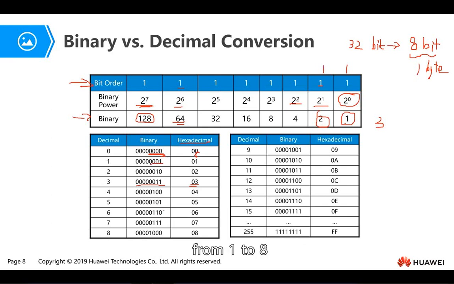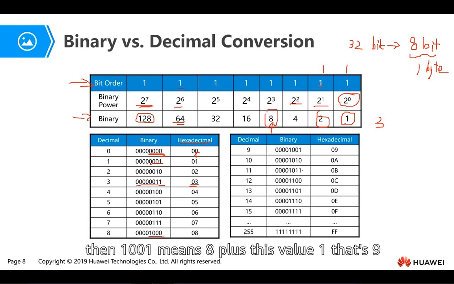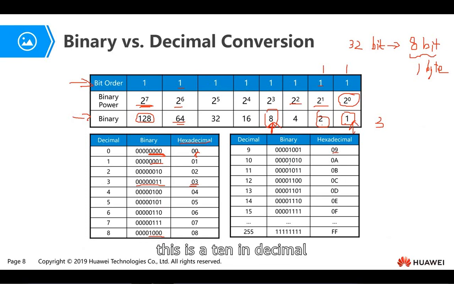From 1 to 8, 1 0 0 0 means 8. And 1 0 0 1 means 8 plus 1, that's 9. Then 10 in decimal is A in hexadecimal, and 11 means B, and so on.